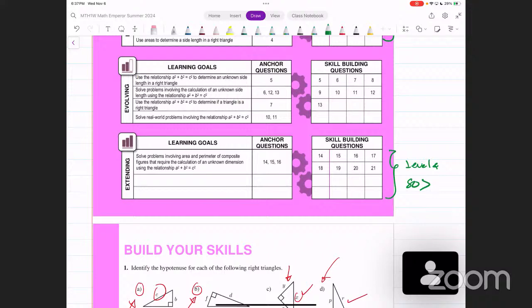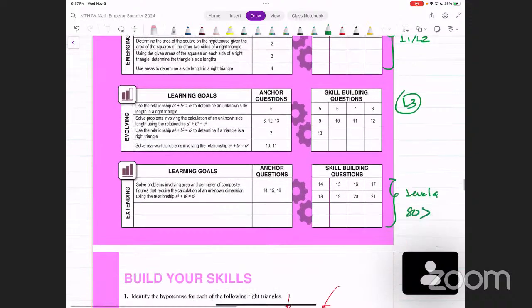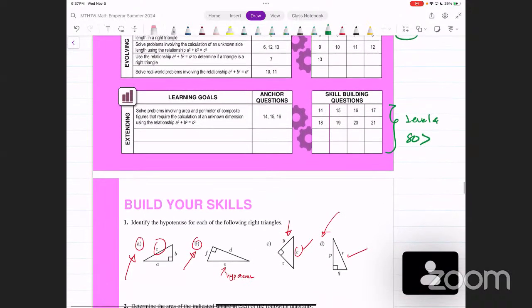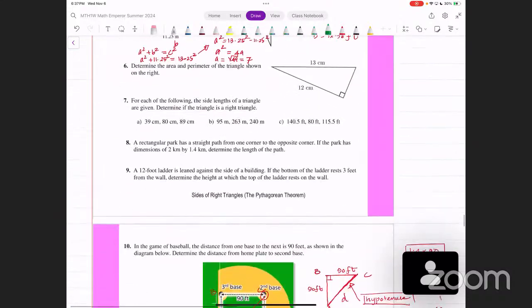You're working towards 80 and above. This one is usually a level 3 type of question. Sometimes my level 4 questions might be difficult. That's perfectly fine. Try to see if you can grasp it. Otherwise, I don't think your teacher will throw such questions on your test to challenge you. These are going further on the Pythagorean theorem.